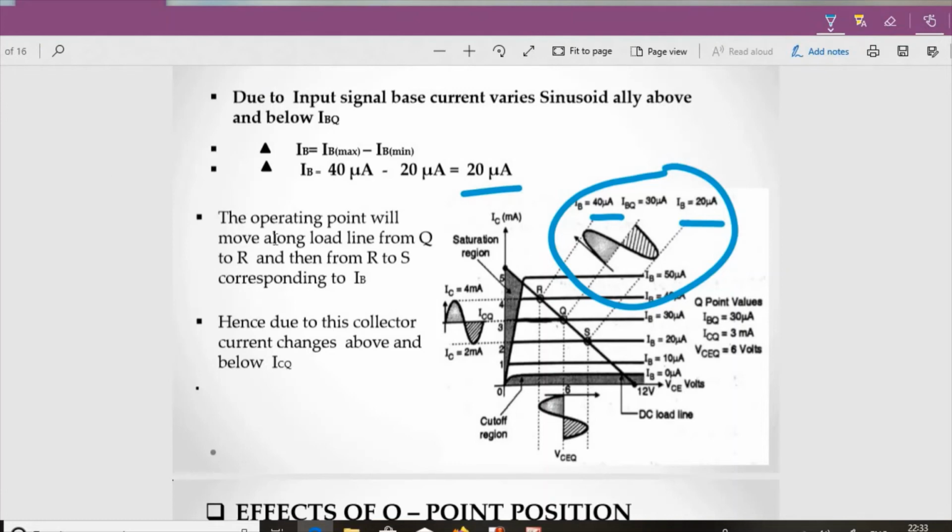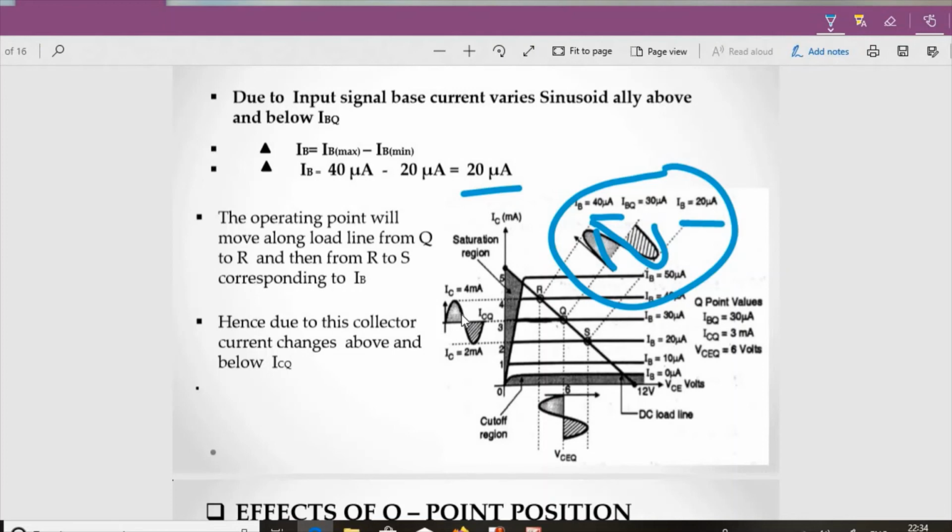microampere. Now the operating point will move along the load line from Q to R, and then R to S. So this would be the variation. Hence, due to this, the collector current also changes above and below the ICQ. This collector current is also an AC, and it will definitely vary above and below the ICQ.